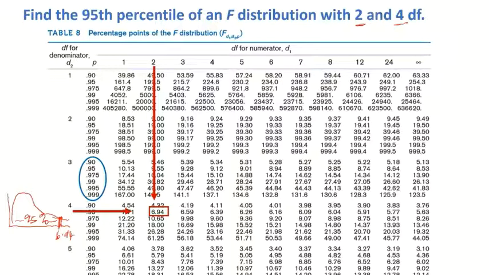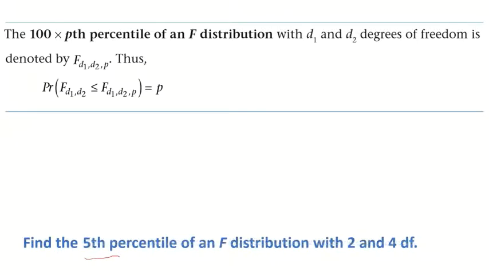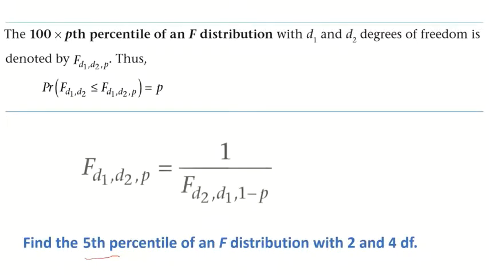Now, you might have noticed there are no lower percentages here. These are all upper percentages. So we might come at a problem when we are looking for lower percentages. Okay, so what if we are asked, instead of the 95th percentile, to find the 5th percentile? Luckily, we have a relationship between these two.